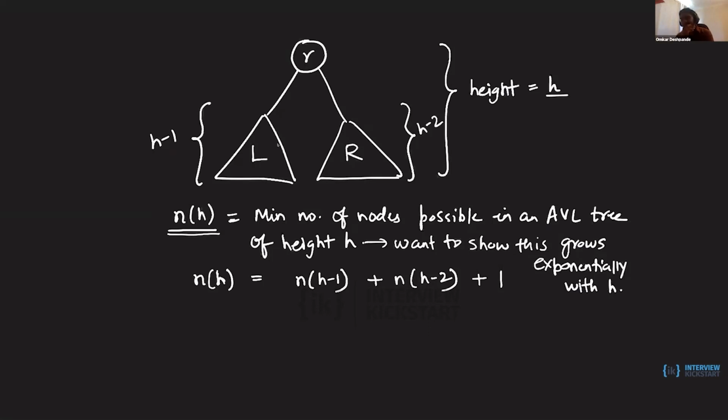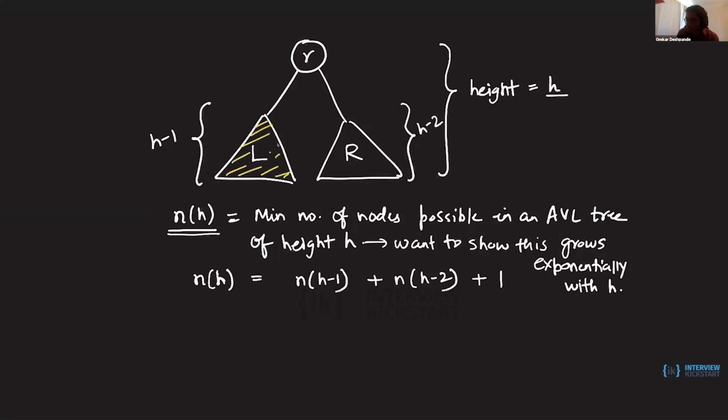So if you are considering n of h minus 1 or n of h minus 2, taking the root node, am I right? Considering the root node, the height of the left subtree is h minus 1 and the height of the right subtree is h minus 2. So n of h minus 1 is simply the number of nodes in this subtree.